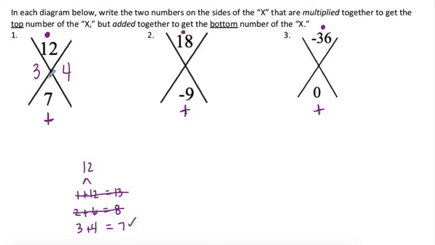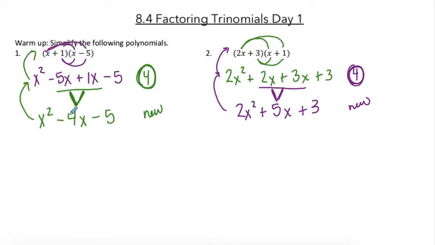This is going to be the part that allows us to split this middle term into 2 terms. These 2 numbers are going to be important as we're moving from here to here. Notice that we found 2 numbers here.